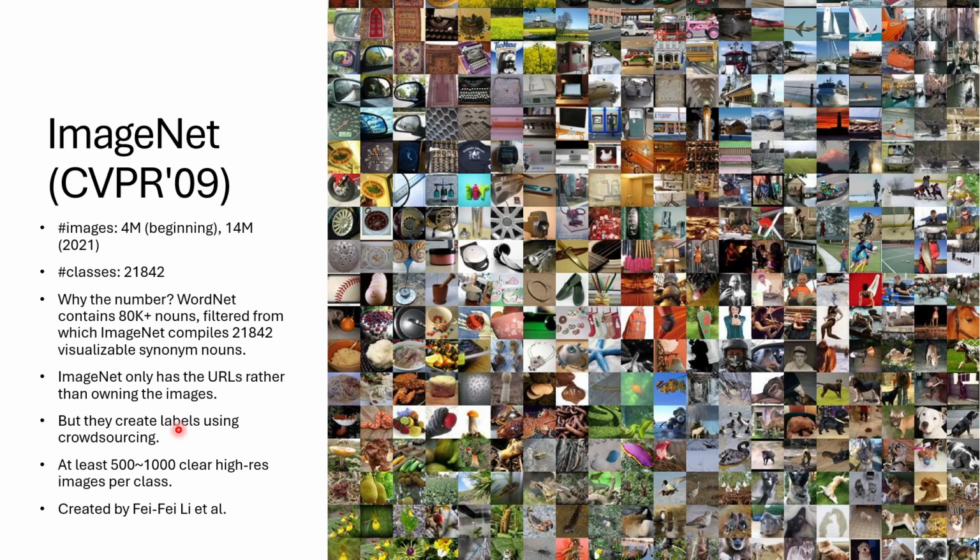In every class, there are at least 500 to 1,000 clear high-resolution images. So it suddenly became a very attractive and challenging classification task.